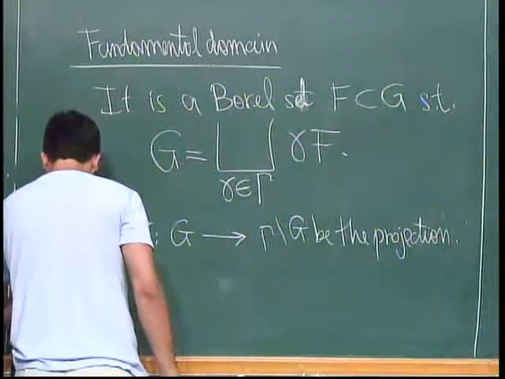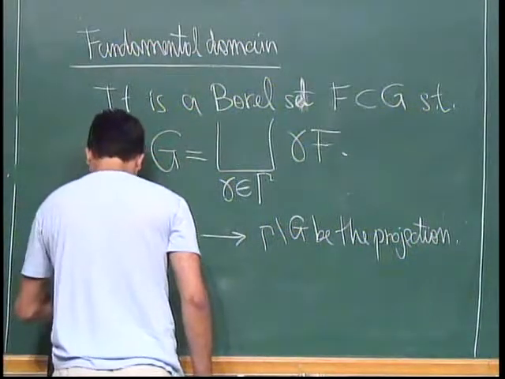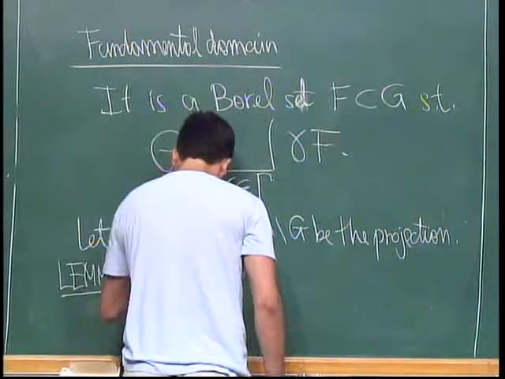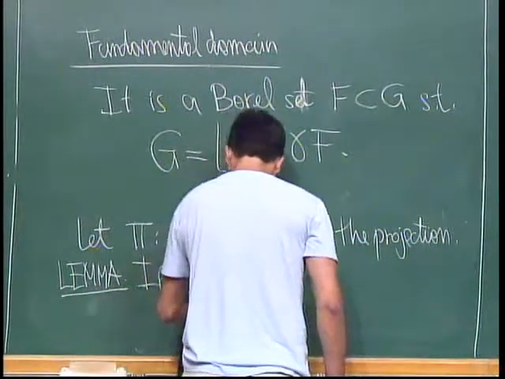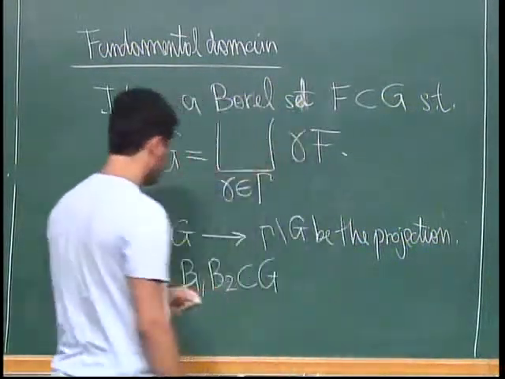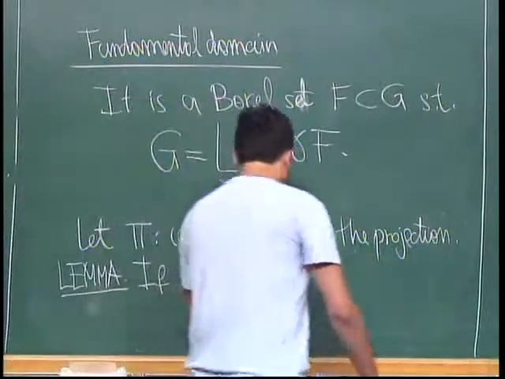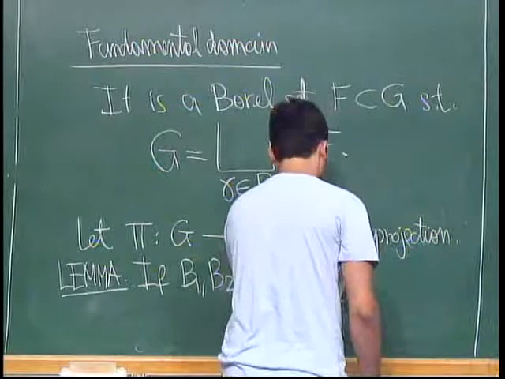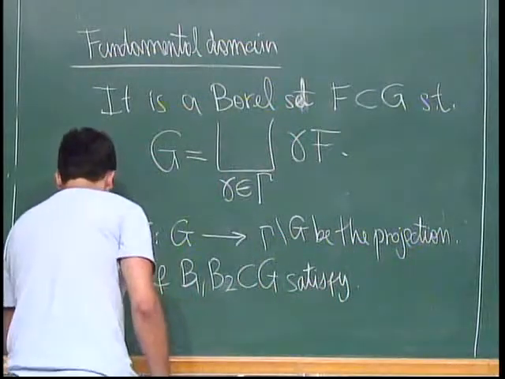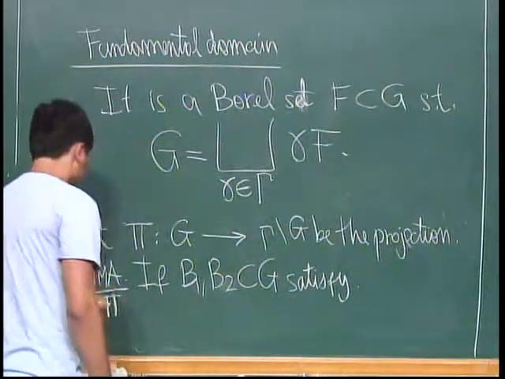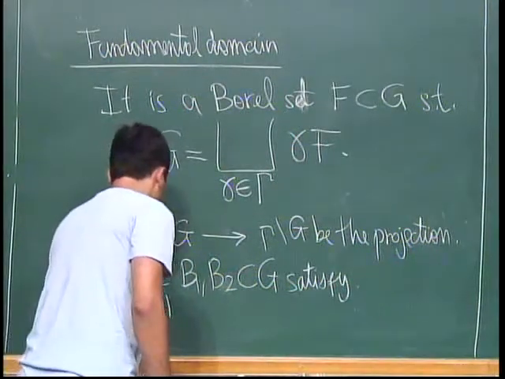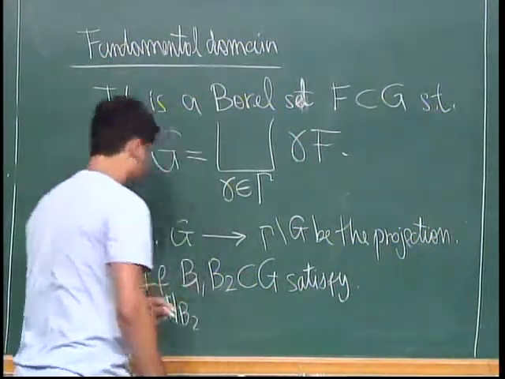And the lemma says the following. If two subsets of G, B1 and B2, satisfy two things, the first one is that when you restrict the projection to B1 and to B2, you get bijections.